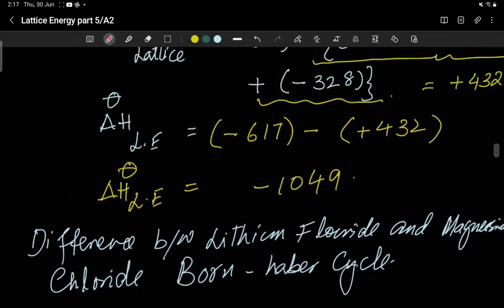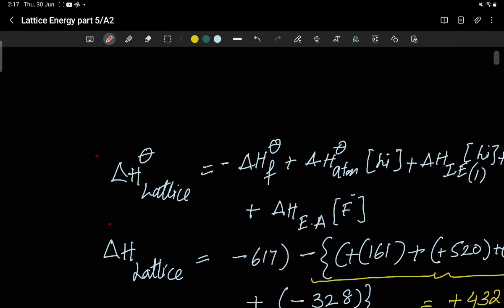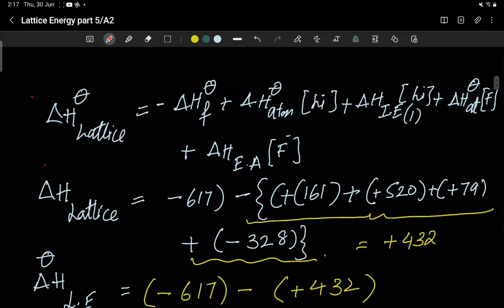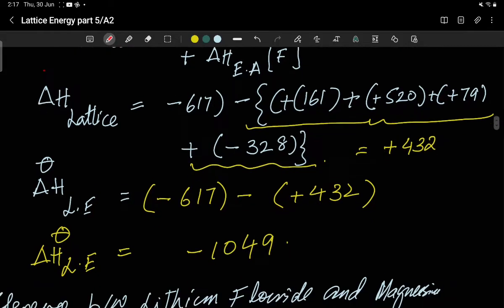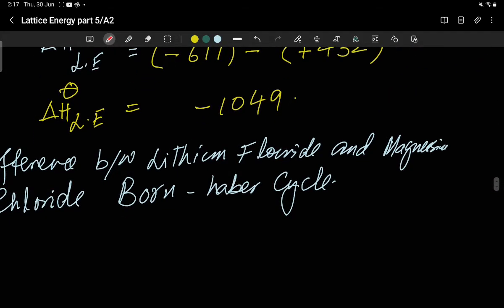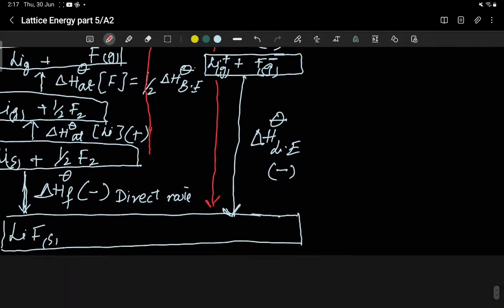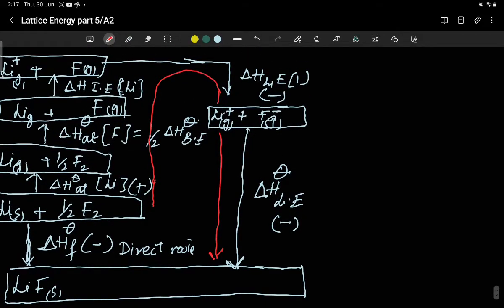I have explained earlier how to calculate the lattice energy of lithium fluoride. So we can draw the cycle like this.